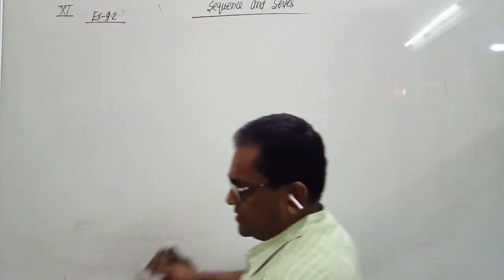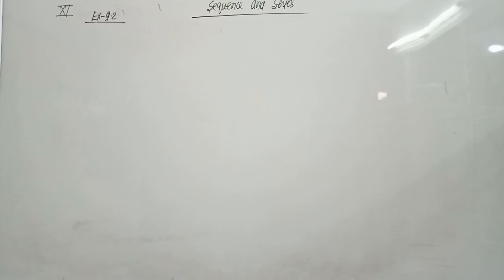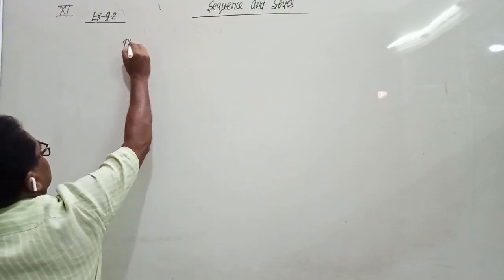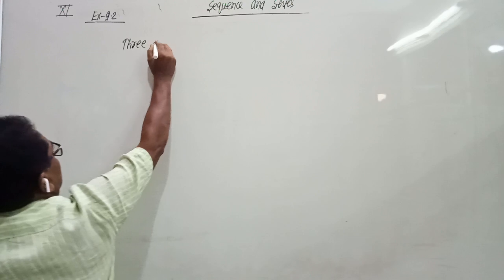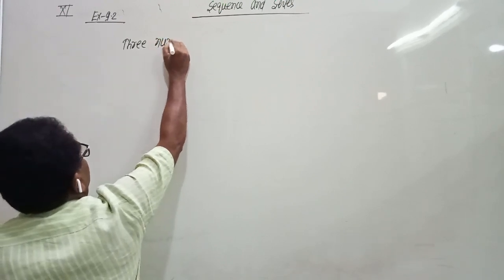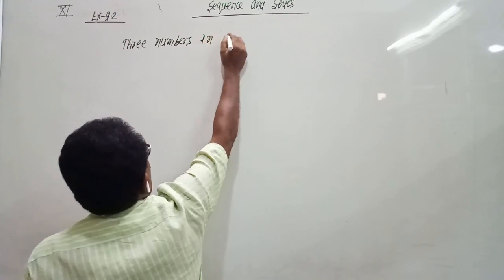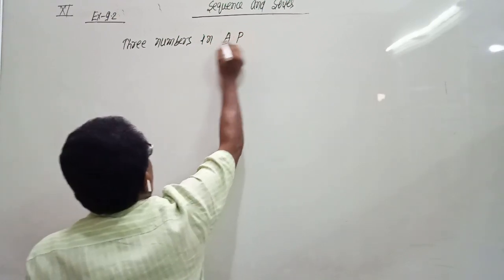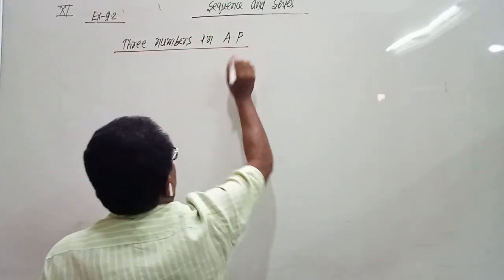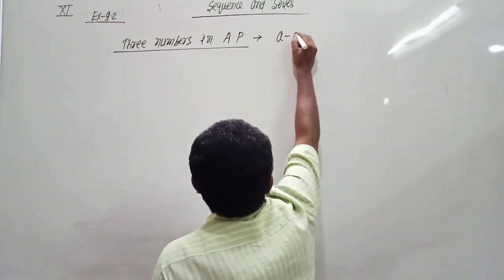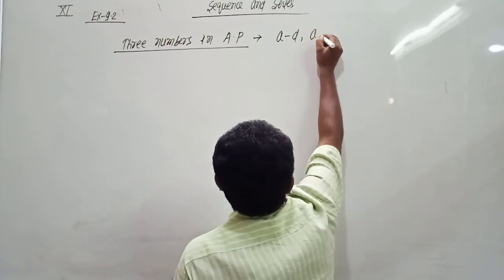Now we discuss the theory part. If three numbers are taken in AP, if we have to write the three numbers in AP, then it is written as a minus d, a and a plus d.